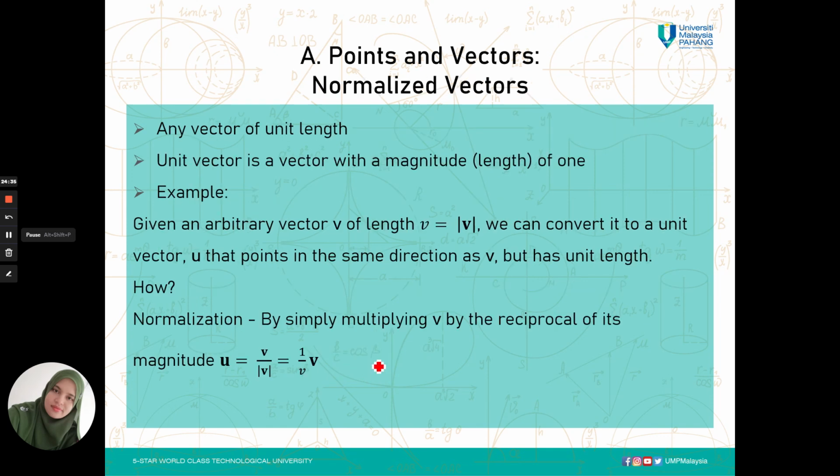Okay, theory here, and then again another theory about the normalized vector. I really hope you still know. If not, please revise your knowledge of mathematics for computer graphics. How about normalization? What is the difference between normal vectors and normalized vectors?